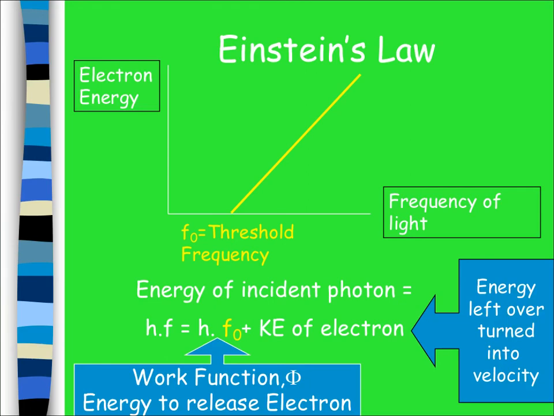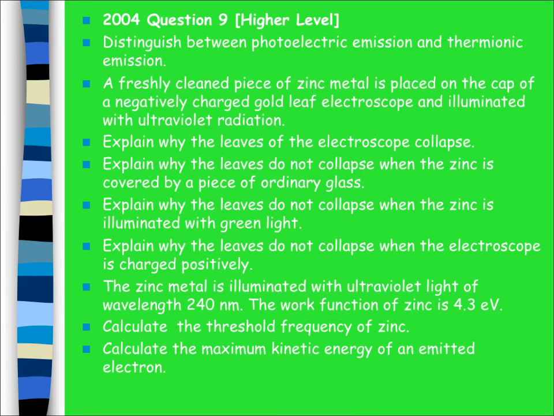So this formula, which of course is in the log tables, is the basis of Einstein's explanation for the photoelectric effect. And just to go over it one more time, he said that one electron is generated by one photon of energy, and only if that photon of energy has a high enough frequency can it liberate the electron.